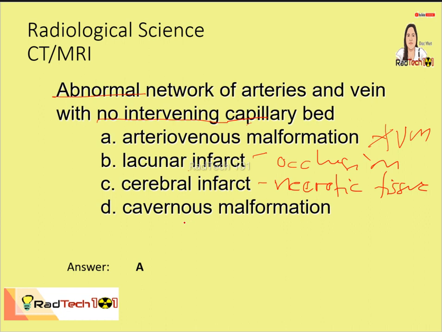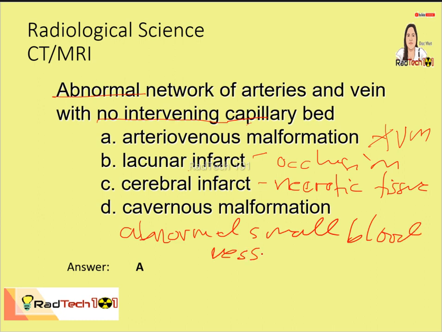While the cavernous malformation, or specifically the cerebral cavernous malformation, are groups of tightly packed abnormal small blood vessels with thin walls.